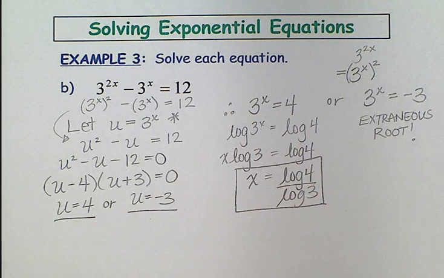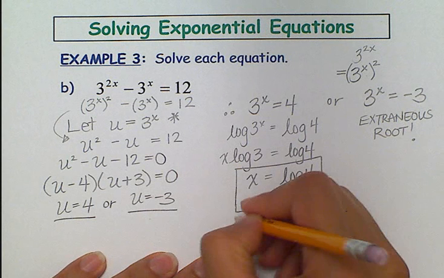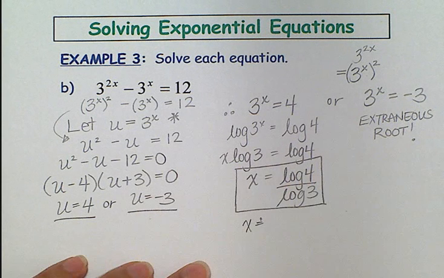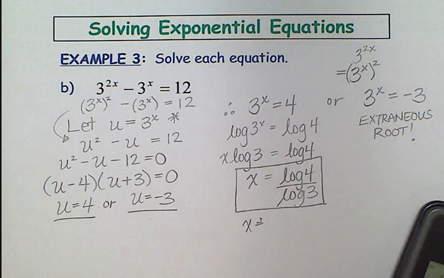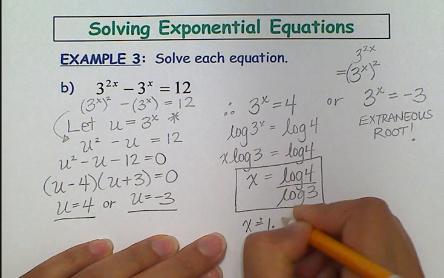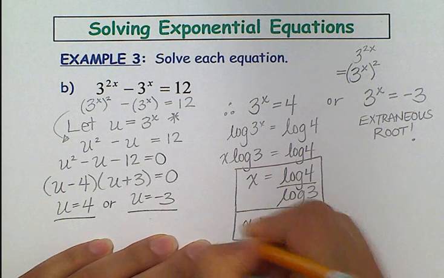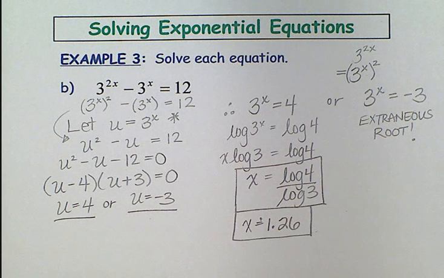If I wanted the approximate answer, I can find it on the calculator by finding the log of 4, and then dividing it by the log of 3. And I get about 1.26 for the value of x. So there's my solution. There's only one answer that will make the statement true.